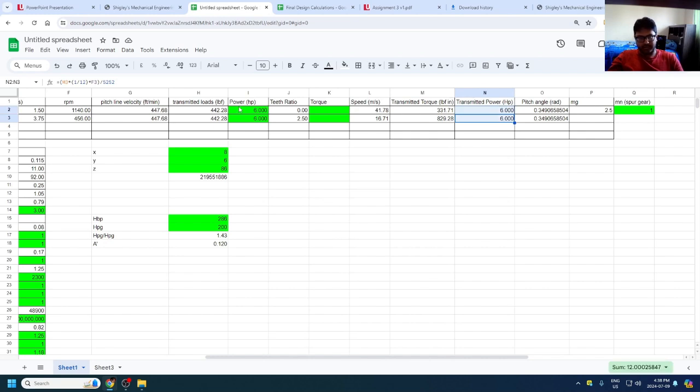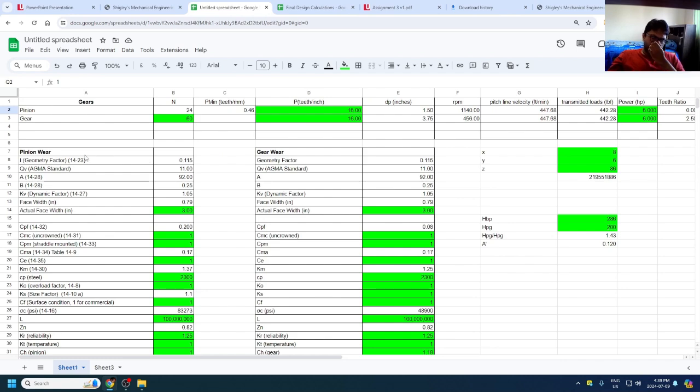It's interesting that this is the same as this, which means that it's accurate. And the pressure angle is 20 degrees over here. The module is 2.5, from the gear teeth, and this is another input: 1 for spur gears.